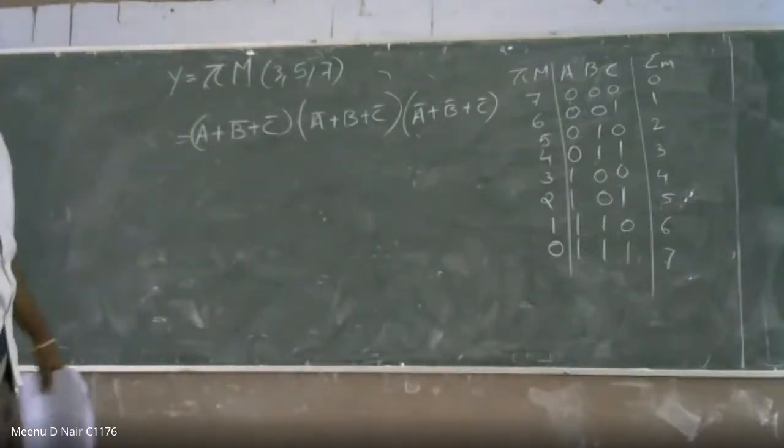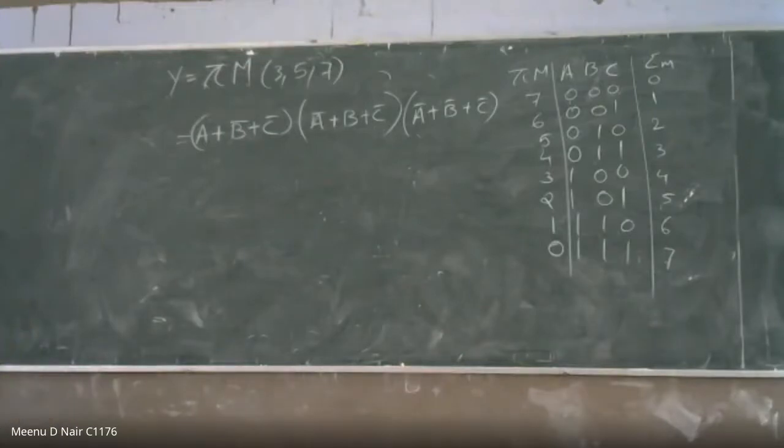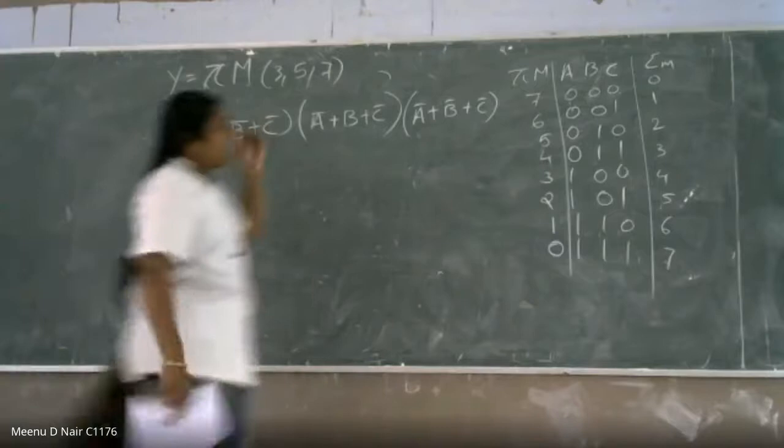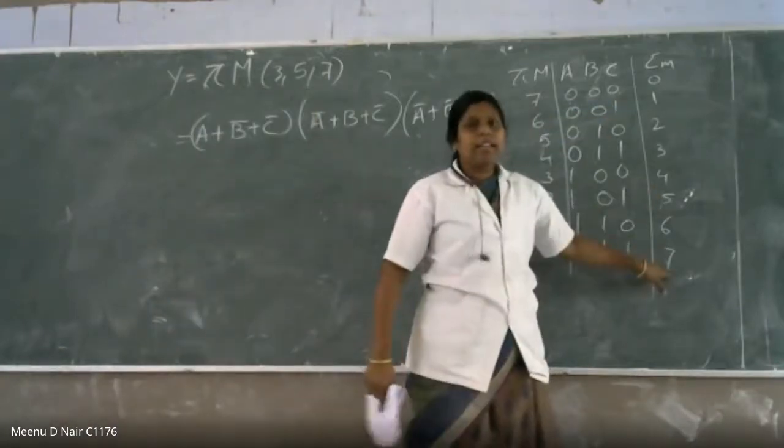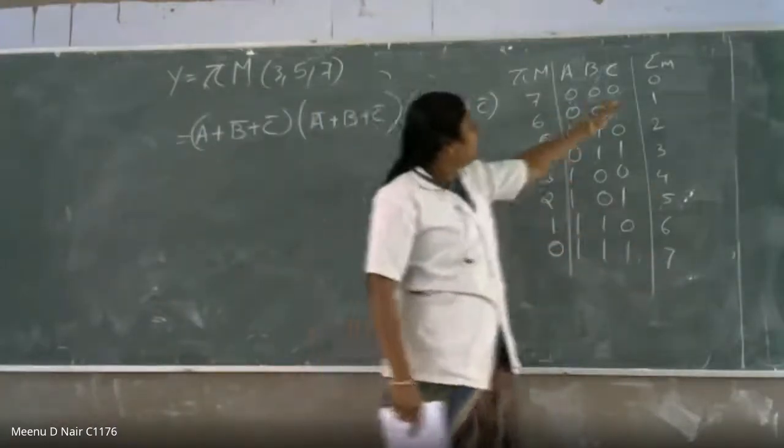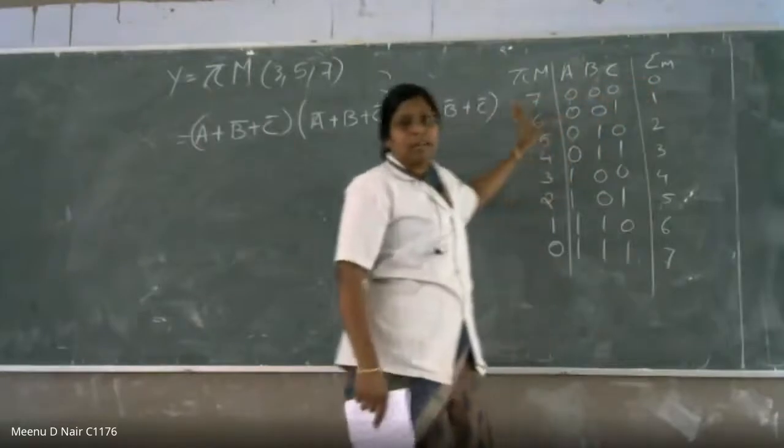This is what is pi. Only difference is if it is sigma, you have to start from 0 to 7, and if it is pi, whatever you are getting here, that is the opposite in the case of pi.